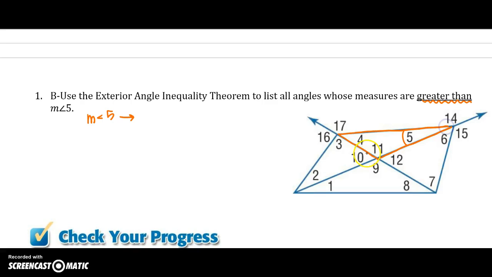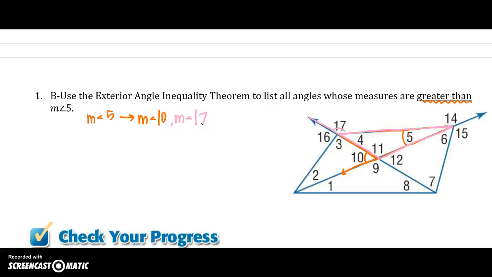If everybody can see that, angle 10 is that exterior angle. And we can use this exterior angle because 5 would be considered its remote interior angle. So really look for those exterior angles as well.